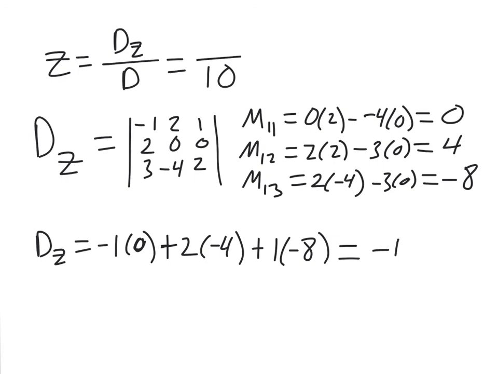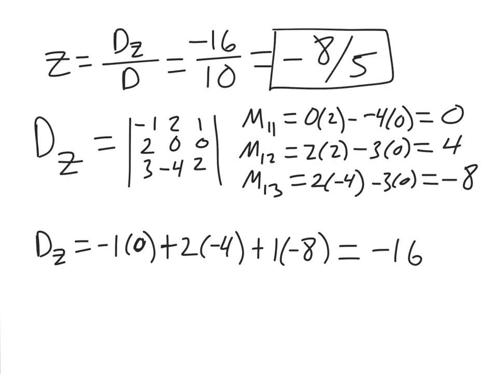So d sub z is negative 16. Reduce that, and we would have negative 8 over 5, and can you believe it? We did it. That's Cramer's rule. It's long, it's not super efficient, but especially compared to the row operations, it is relatively simple.